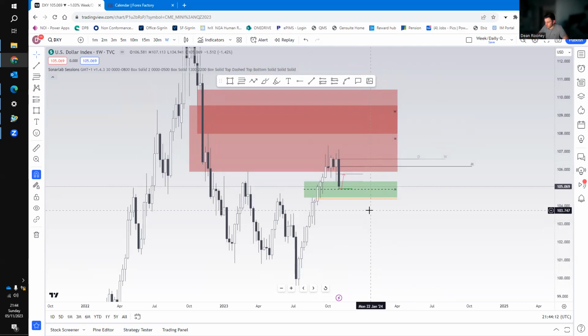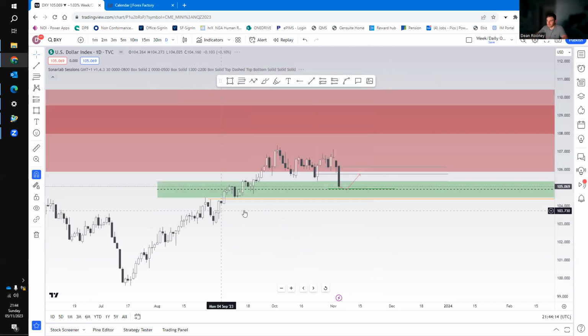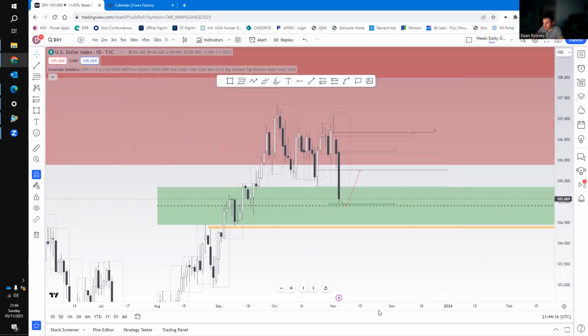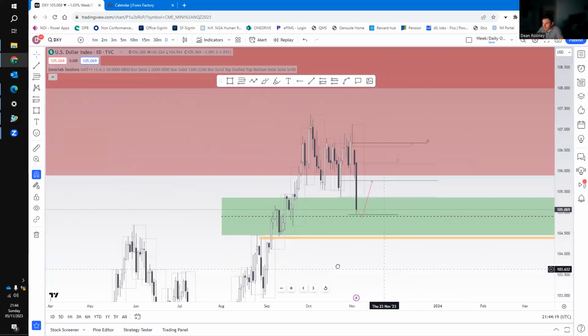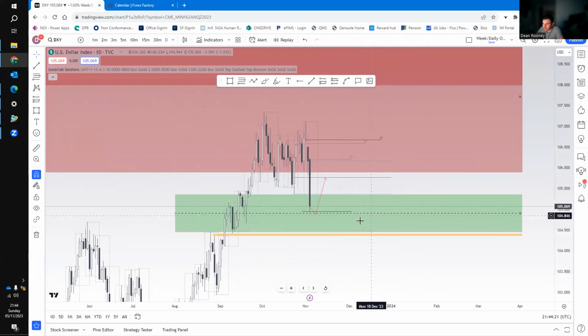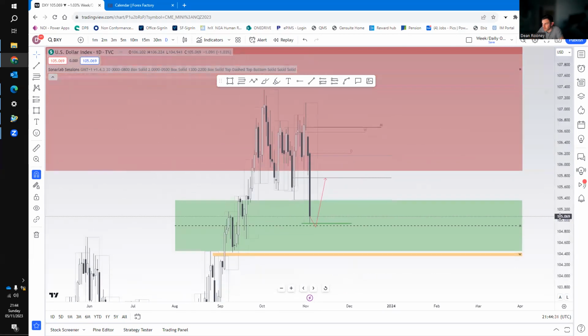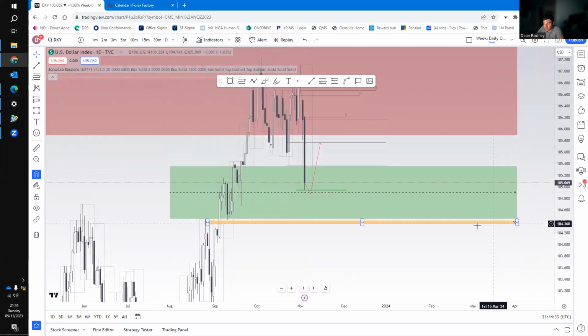What else? We'll come down into the daily. So I just want to see how it reacts in this monthly fair value gap. We'll see. This is quite interesting to me now that I've seen this. So a daily level, so it's quite significant. Sorry, a weekly level, so it is quite significant.